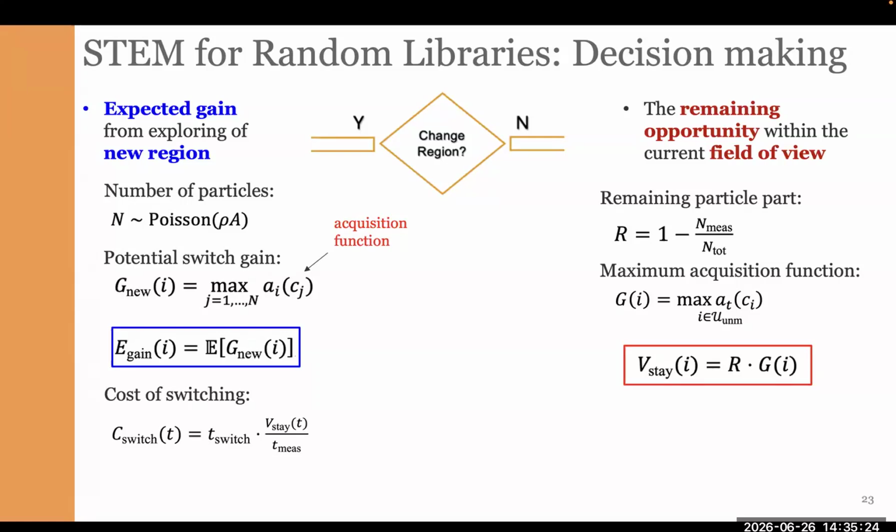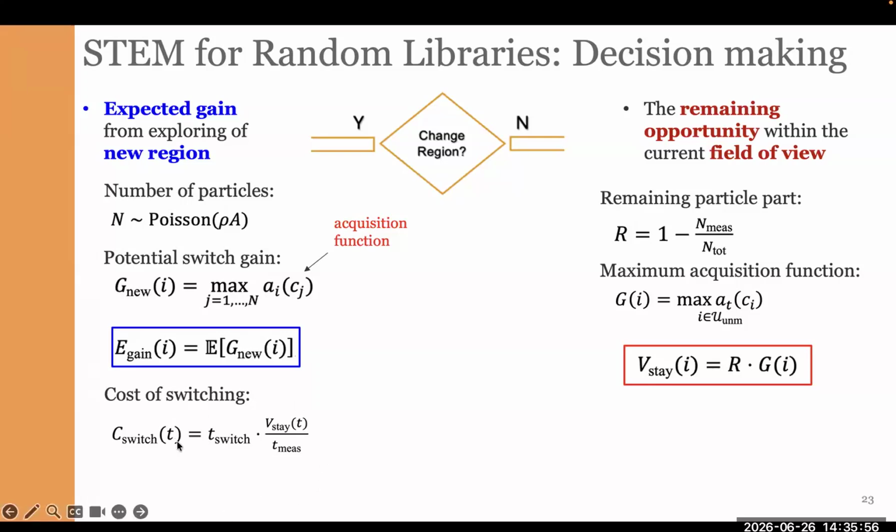Then with Monte Carlo, we can estimate the expected gain that we probably get if we reach this new region. Obviously, changing the field of view goes with some costs that we need to pay in terms of the time to switch the region and the time we need to spend to realign our system. And this actually encodes our cost of switching.